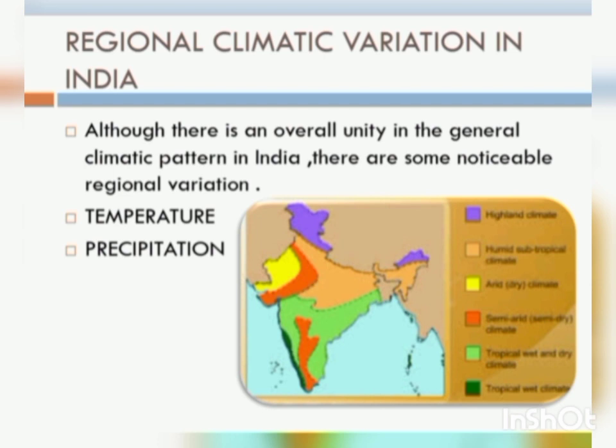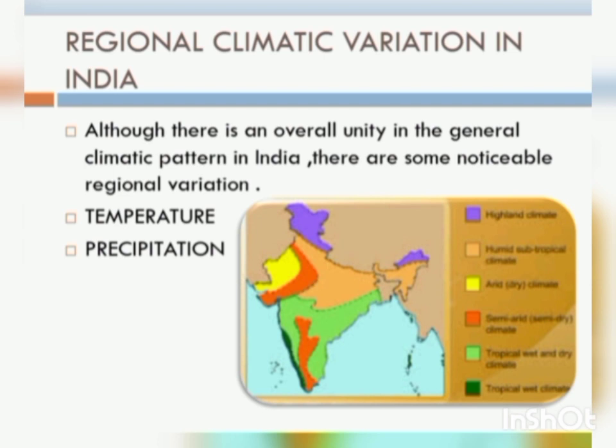Although there is an overall unity in the general climatic pattern of India, there are some noticeable regional variations. Let's see only in the context of temperature and precipitation.